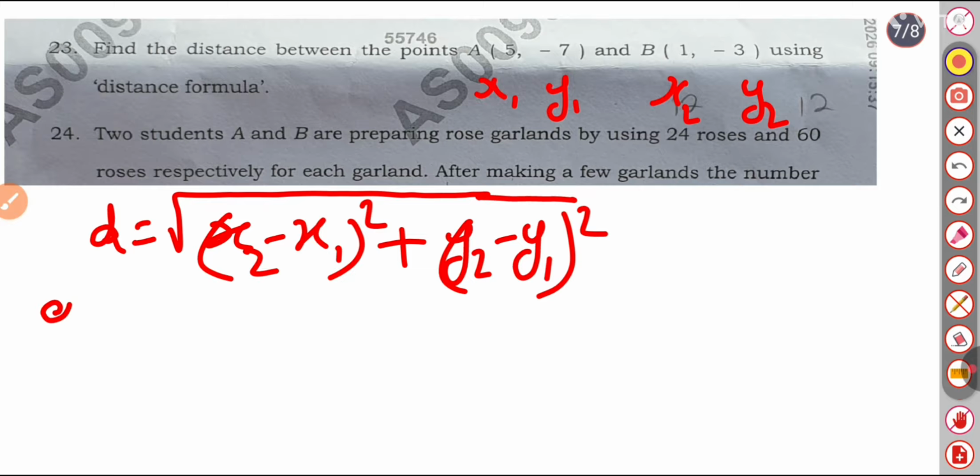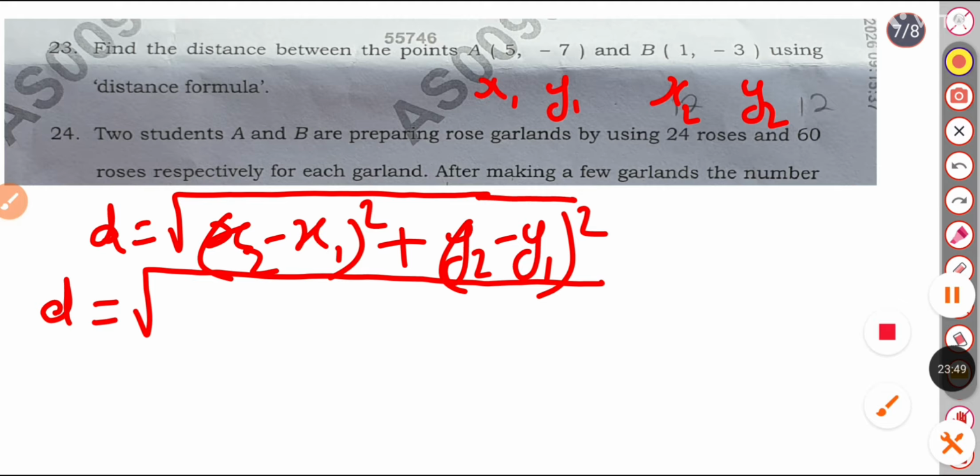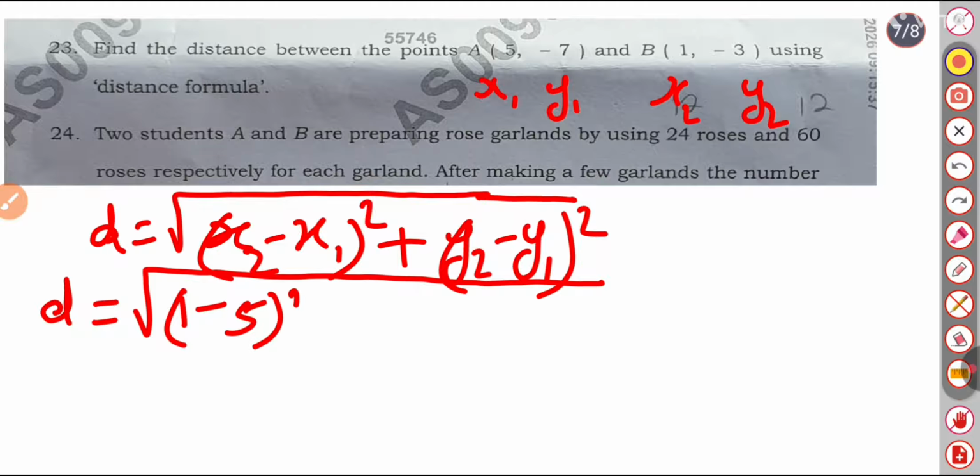If we substitute, it is the root of x2, which is 1, minus x1, which is 5, whole square, plus y2, which is minus 3, minus 7, whole square.